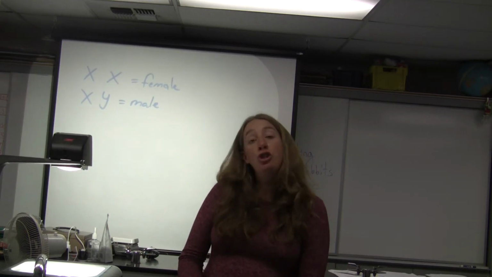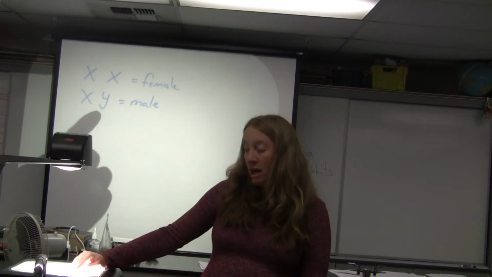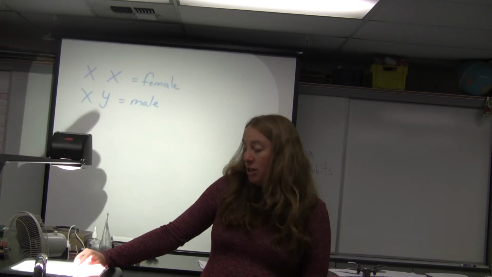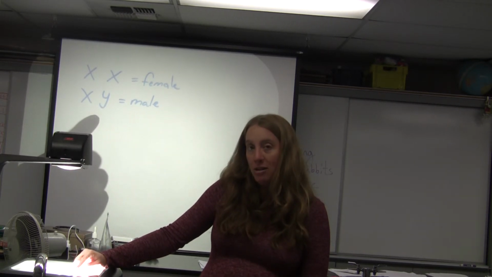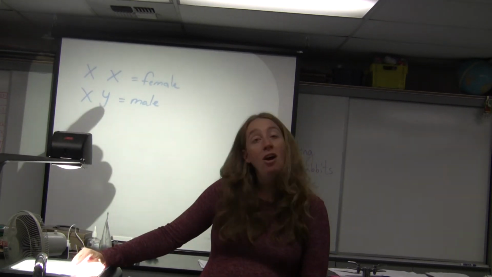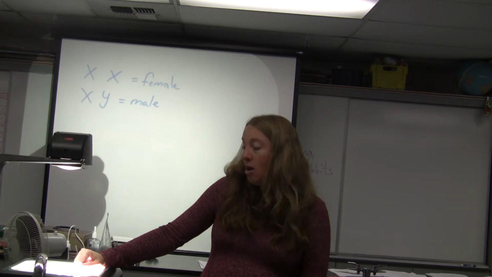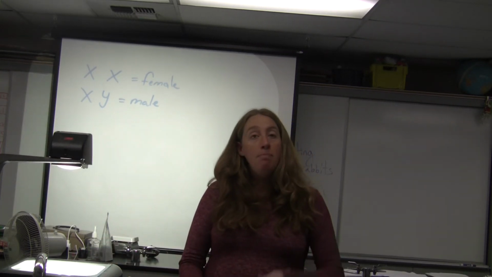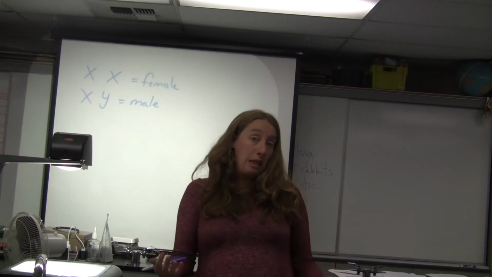So there are genes that you can only find on a male chromosome. So think of things that only males tend to have. Those would be on the Y chromosome. But there's a lot of stuff that's on the X chromosome that both males and females need.